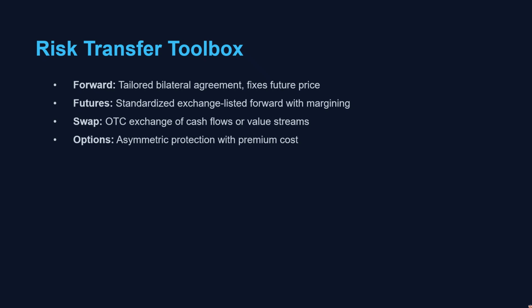That asymmetry is valuable because the user keeps favorable upside while limiting adverse downside, but it always comes at a premium cost. For the exam, remember the following. Forwards and futures are generally obligations, swaps are stream exchanges, options are rights with asymmetry. That asymmetry is often exactly what firms want, but that is never free. You have to pay for that.